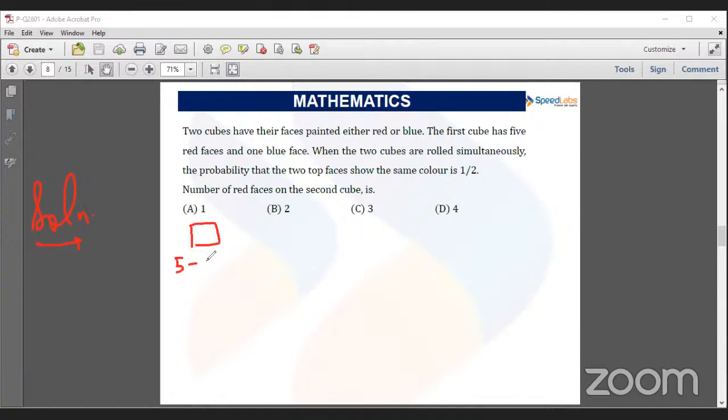First one has 5 red and 1 blue, and the second one is not given. When the two cubes are rolled simultaneously, the probability that the two top faces show the same color is half. Find the number of red faces on the second cube. Okay. So let the red faces be x, then blue faces will be 6 minus x.